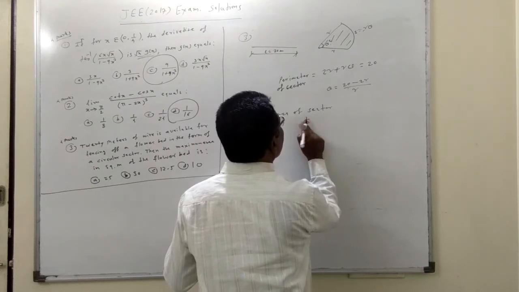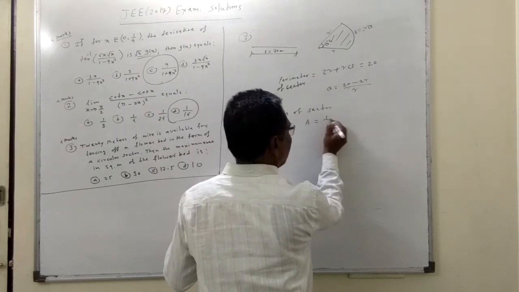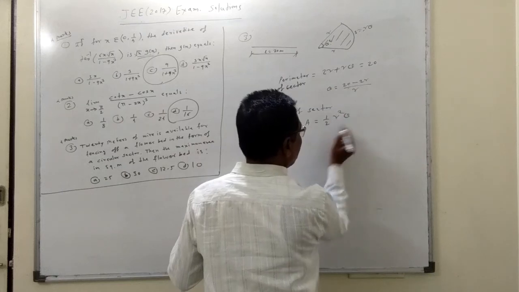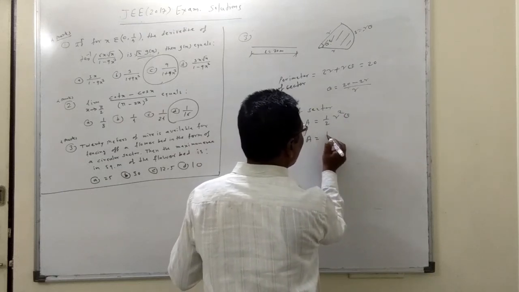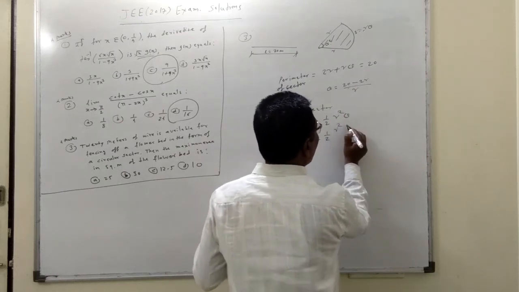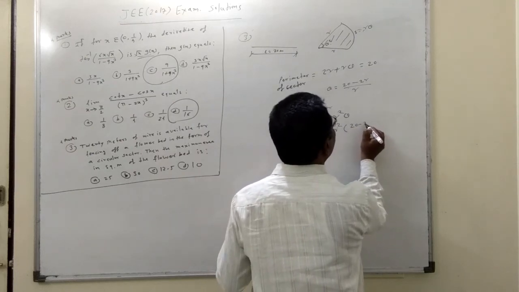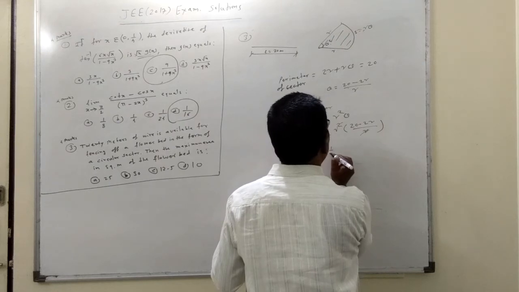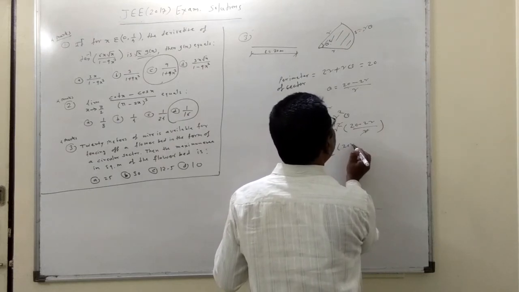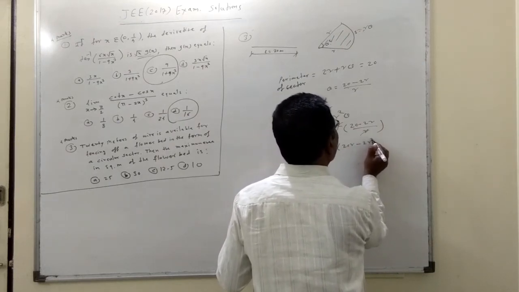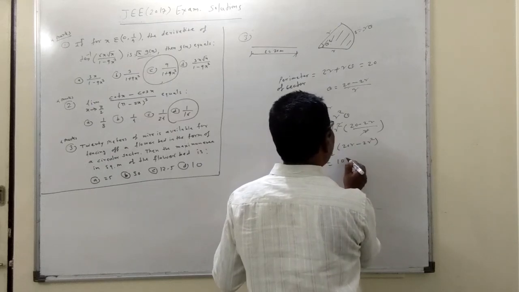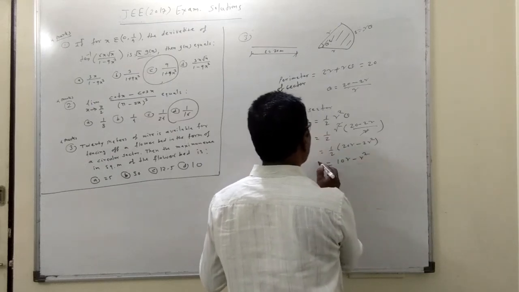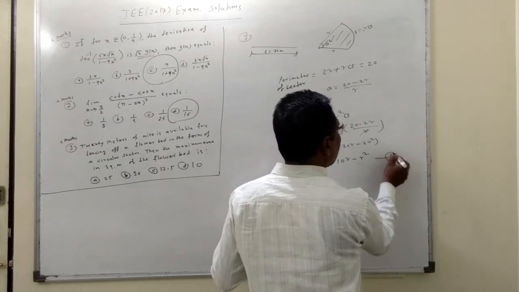Yes, area A is equal to, the formula is there, 1 upon 2 r square theta. So area is equal to 1 upon 2 r square. Now theta is 20 minus 2r upon r. Now one r gets cancelled, so that is equal to 1 upon 2 into 20r minus 2r square. So that is equal to 10r minus r square. So this is the equation of the function.